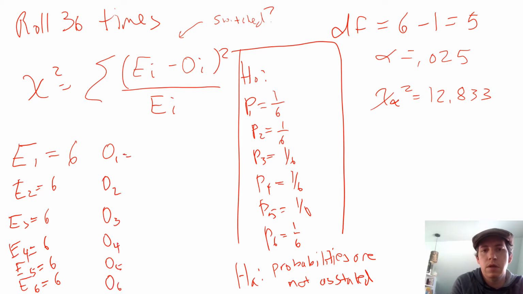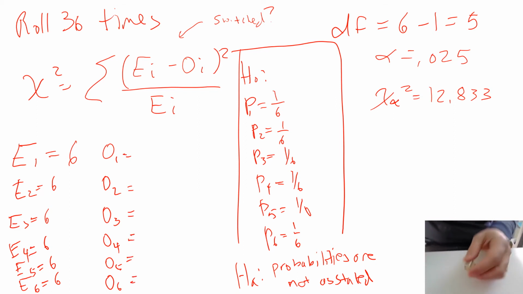So I'm going to roll this 36 times. Let me see if you can track the die. If I roll the die here, I'm going to keep track over here on a separate sheet of paper so that we can add this up in just a second.